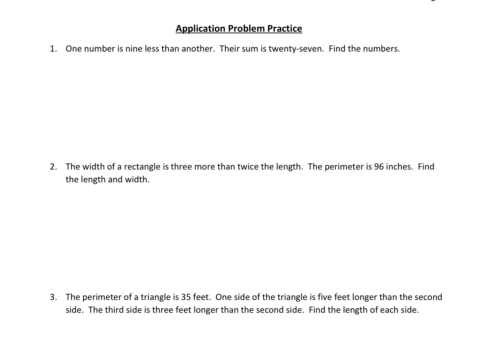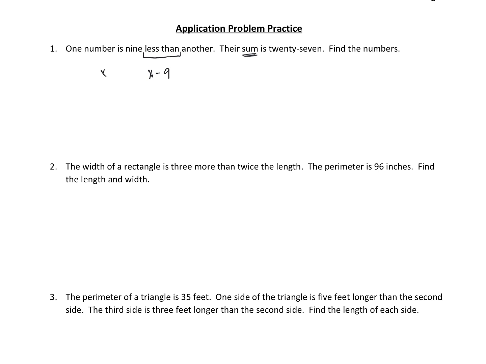So for the first one, we have one number is 9 less than another. Their sum is 27. Find the numbers. So we have 2 numbers that we want to add together. It tells us that one number is 9 less than another. So 9 less than, remember that changes the order, would be x minus 9.